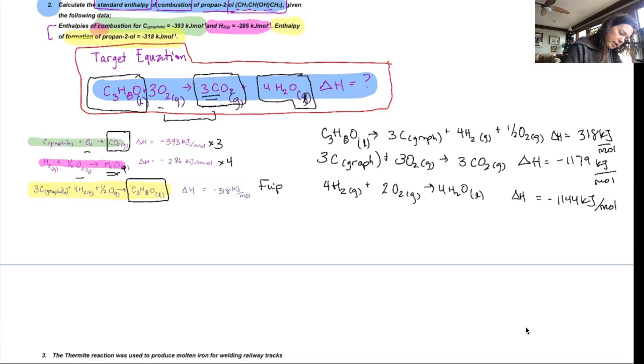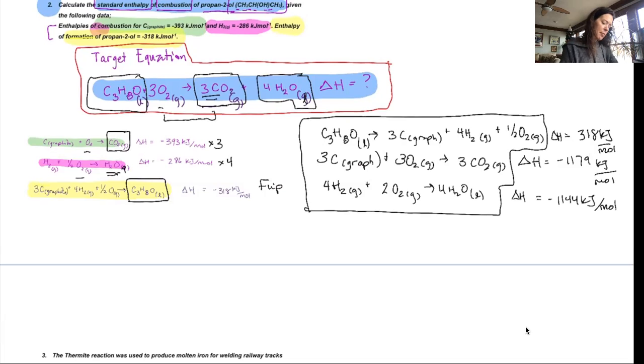Alrighty, guys. Now let's make sure we've done the correct process and that our overall, in fact, matches our target, right? Remember, this is our target. This does not cancel.